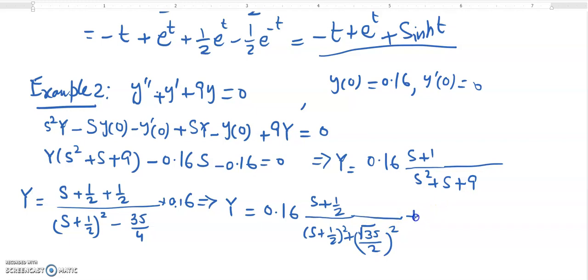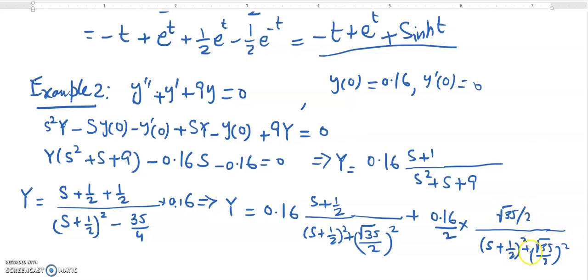And the next term will be 0.16 divided by 2 into s plus 1 by 2 square plus under root 35 by 2 square. Here it should be under root 35 by 2 on top, because for the sine omega t Laplace to apply, it should be sine under root 35 by 2, so equally we have to divide by under root 35 by 2 over here.